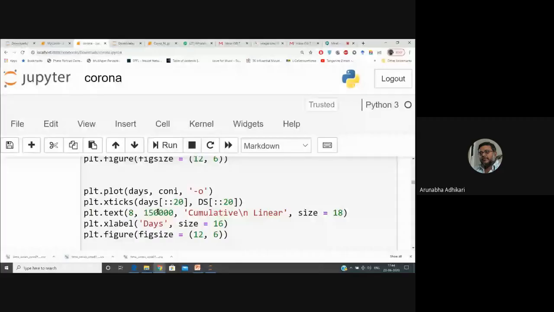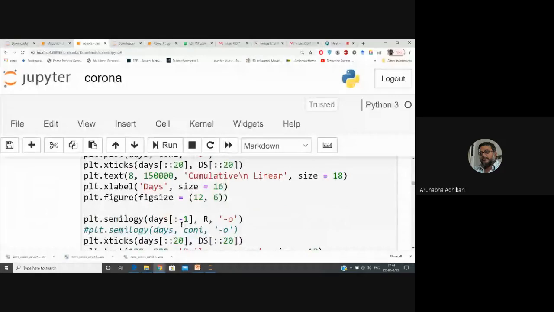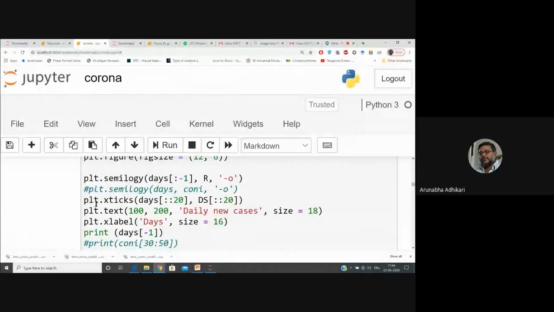When I did the last plot, in the x, after plotting, I set the ticks to start from the first day to the last day, but in increments of 20 days, and I labeled them with the dates from DS. DS is the dates. So I use the dates to label my x-axis ticks so that I can read the dates over here.